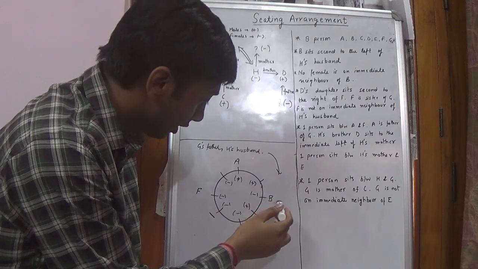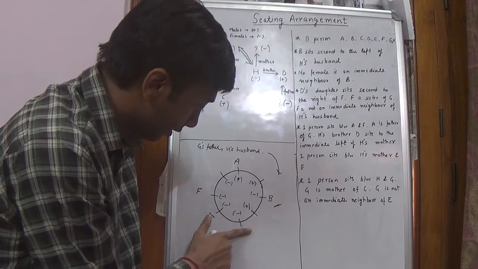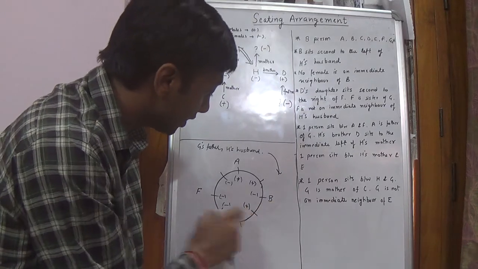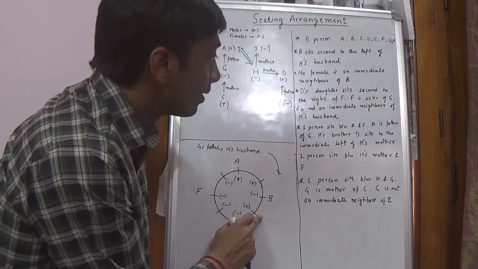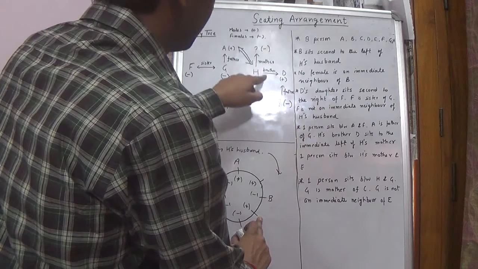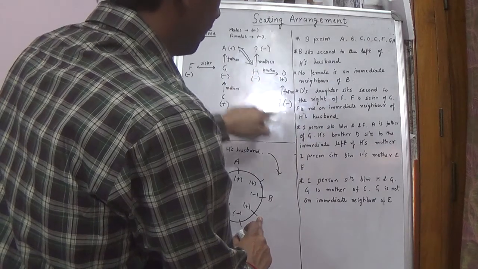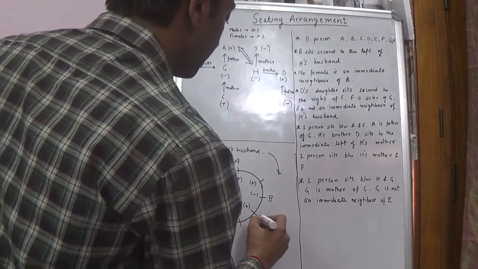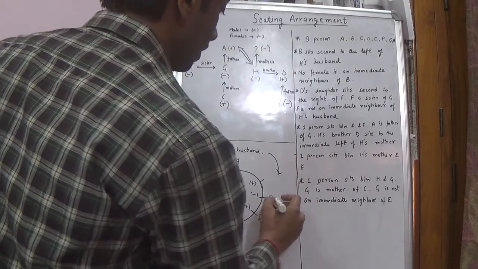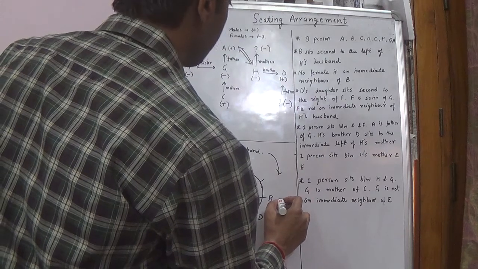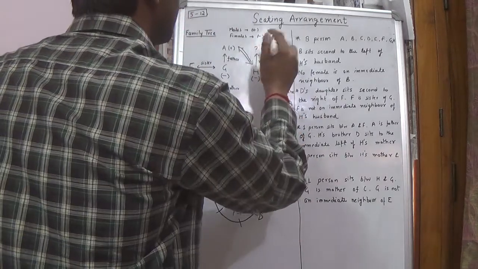For this person, left is on this side. So again, by male, female, we could see this person is a male. So he has to be D, H's brother. And this has to be the mother. Mother is B.